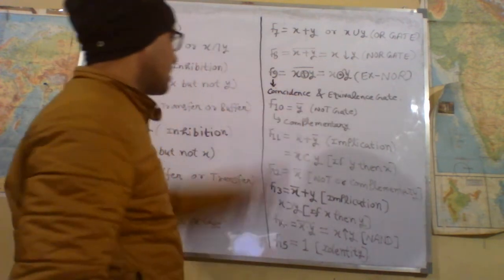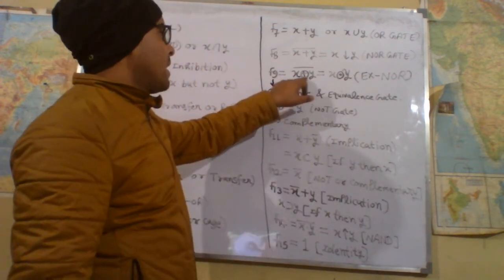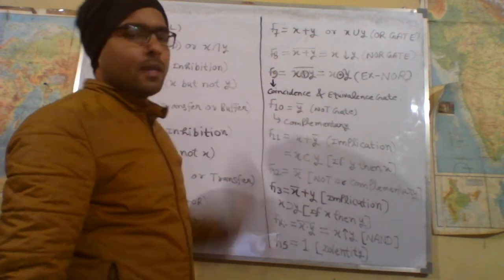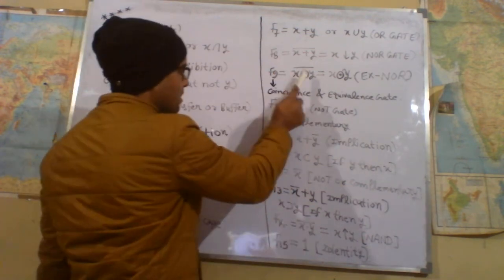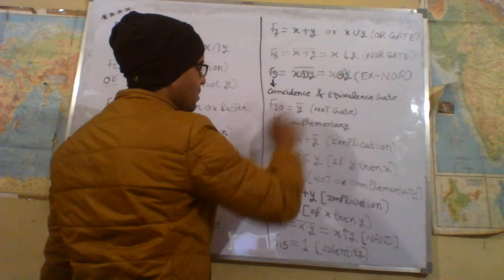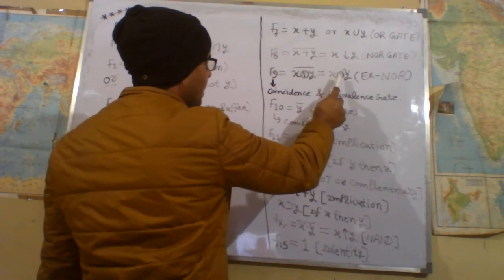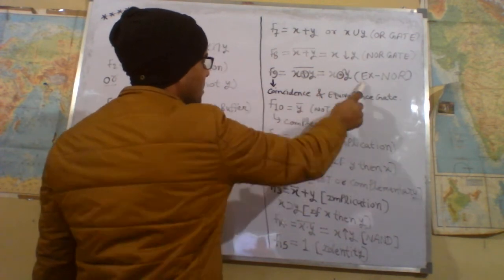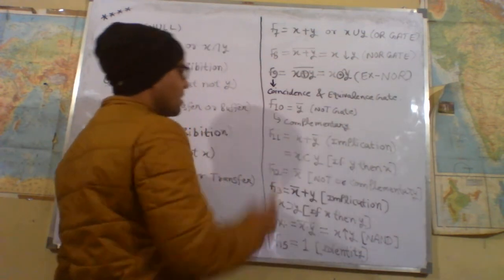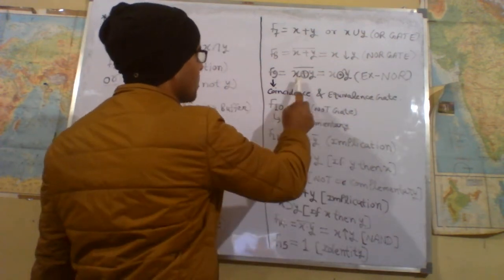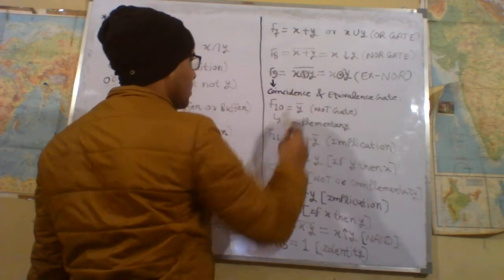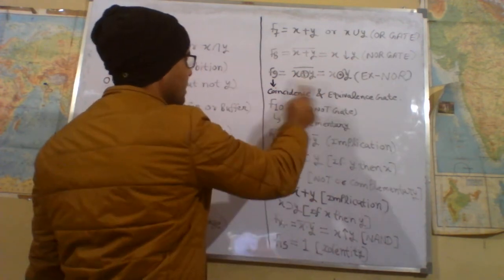So F9 is x XOR y complement. This is x, this is XOR, this is y complement. This is the XNOR gate. So XNOR is the complement of XOR gate. I have already told you, but how it is, we can see from here.